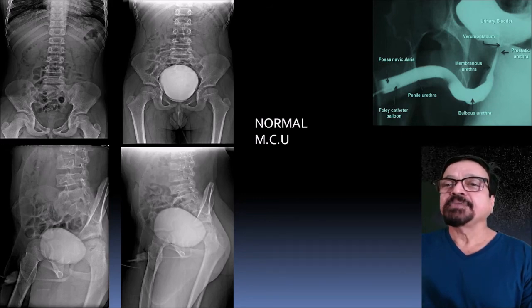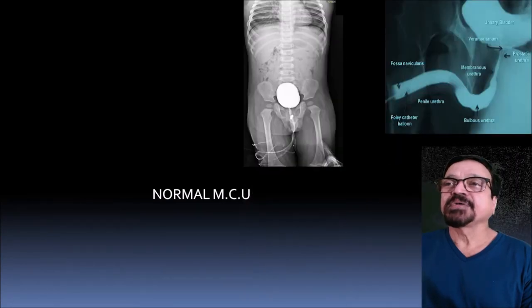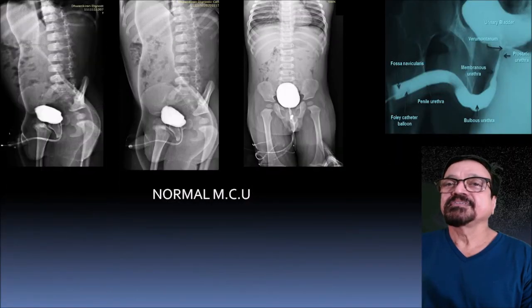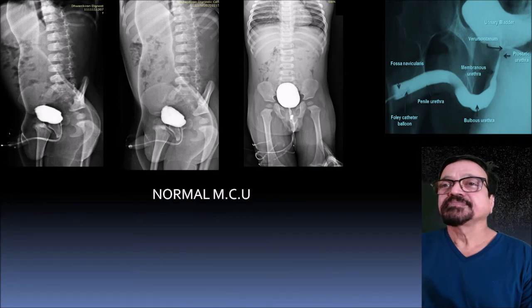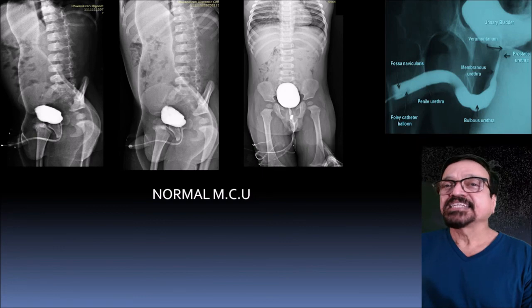Cystogram is taken in AP while the MCUs are taken in oblique. The parts of the urethra which should be seen are diagrammatically presented on the right side. Now this is one more example. Here again we are seeing a bladder catheterized, dye is put, and while micturating films are obtained, and on the right side I have given you a diagrammatic presentation as to how to decode them.